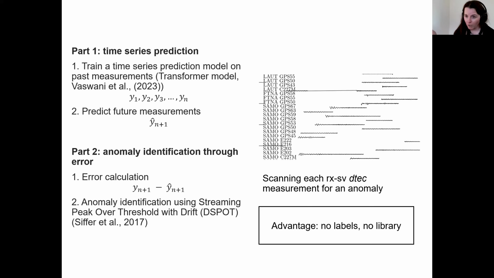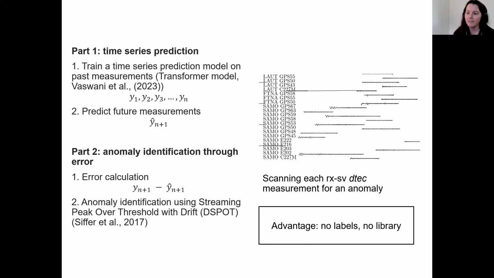So when the model is wrong, we must be seeing something atypical. How do we know the model is wrong? We compare it to the ground truth. The difference between the ground truth and the prediction, aka the error, is how we judge whether or not something is an anomaly.